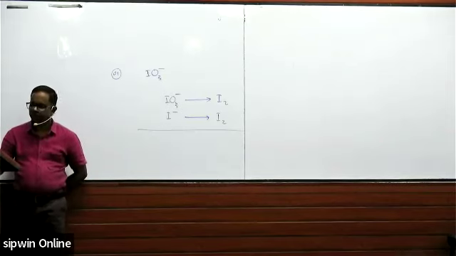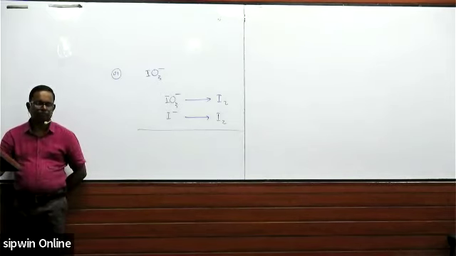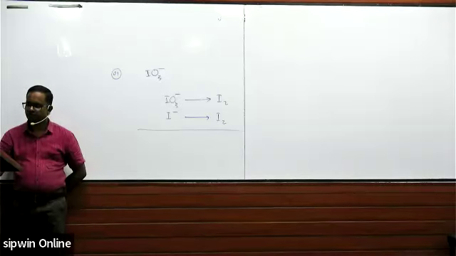The other reaction: 2 permanganate, 10 iodide, 16H plus gives 2 Mn2 plus, 5 iodine, 8H2O.